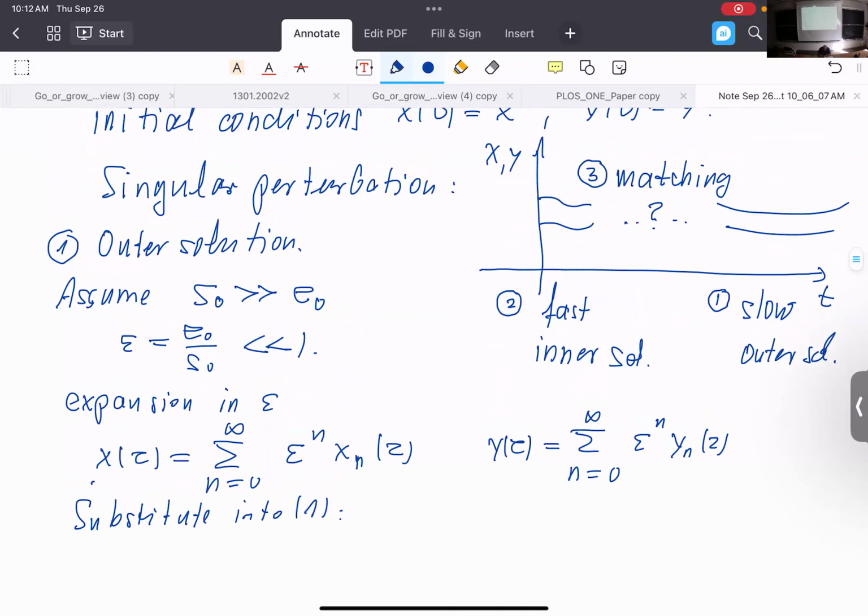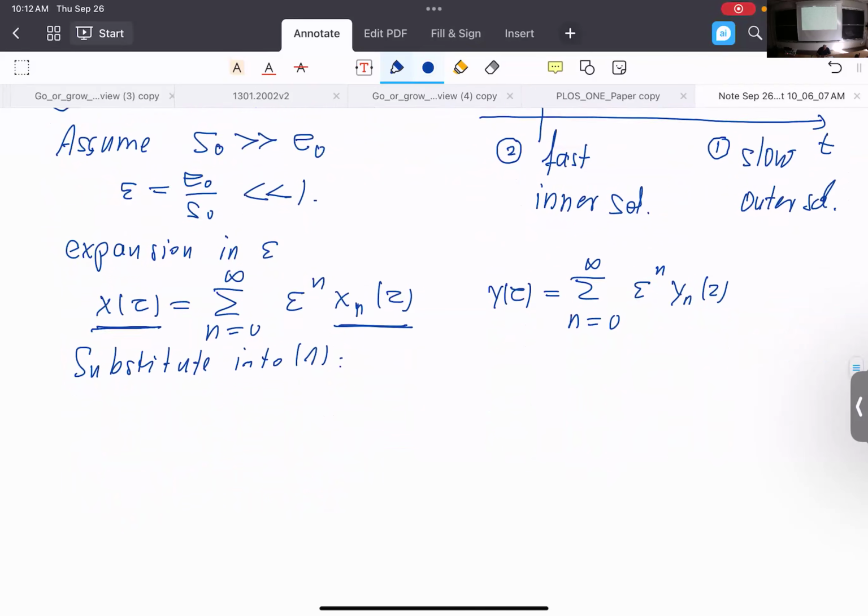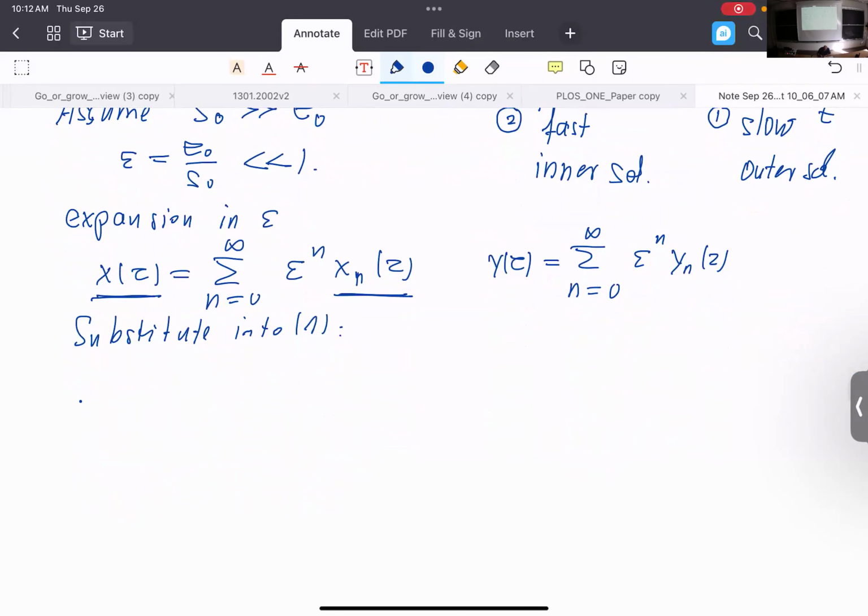So here, this is differentiated by time. The only time-dependent term is the xn, so we get a time derivative on the xn's. So this term becomes the sum, n is 0 to infinity, epsilon to the n xn dot of tau, and let's use dot for the time derivative.